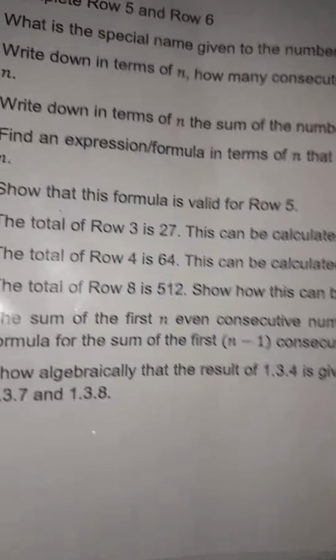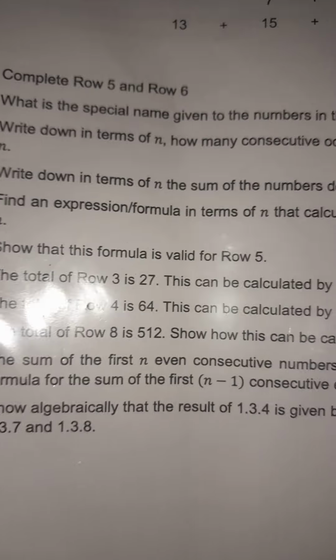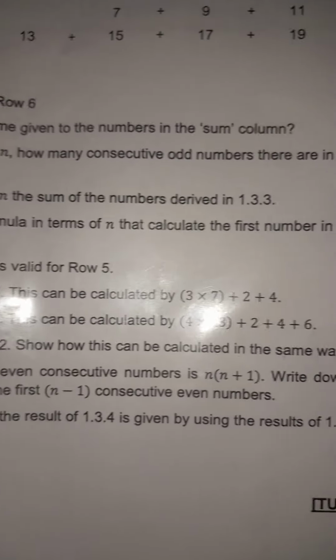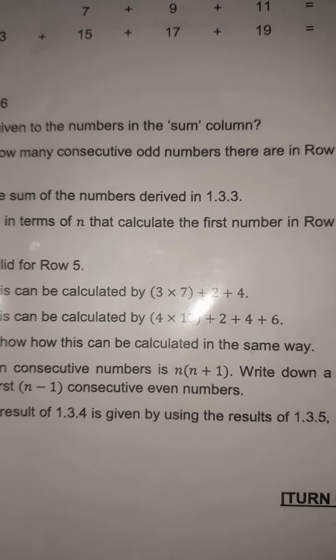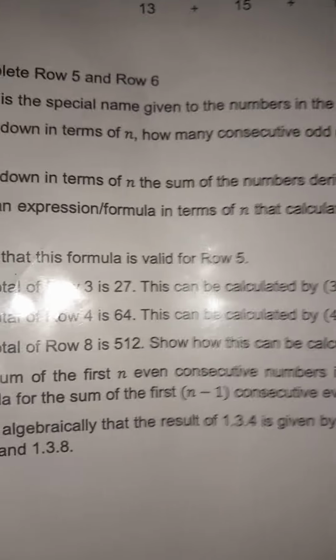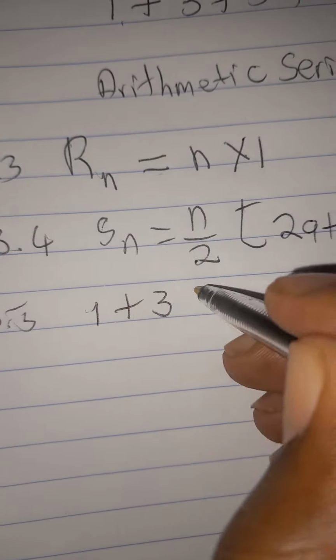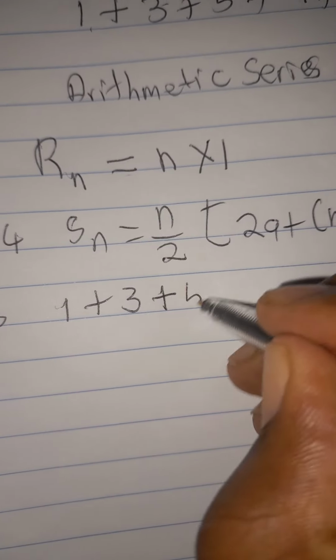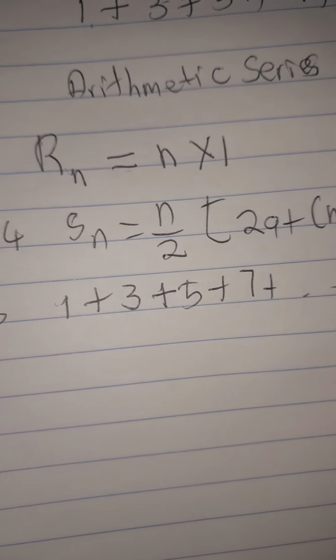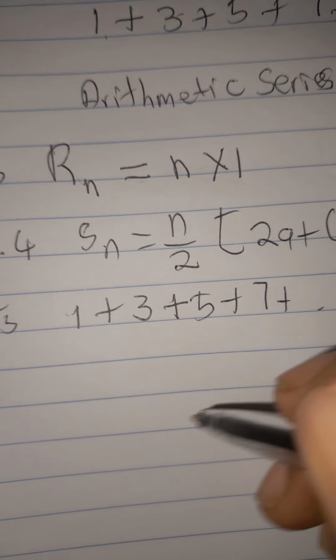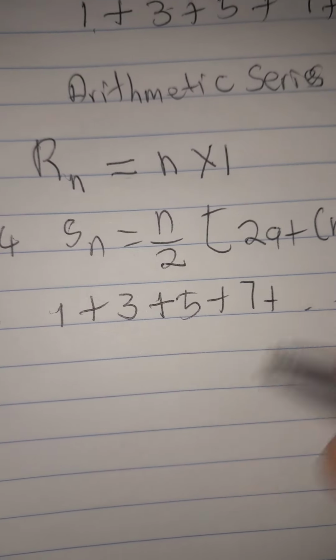At 1.3.5, they said find an expression in terms of n that calculates the first number in row n. Okay, let's take the original pattern: 1 plus 3 plus 5 plus 7 and so on. We need to find a general term since they said find an expression or formula.